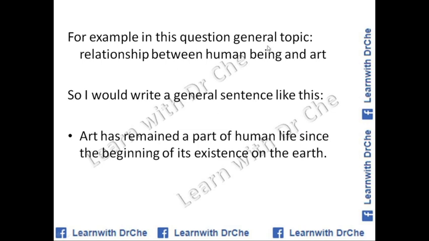So I would write a general sentence like this: art has remained a part of human life since the beginning of its existence on the earth. This is a general statement. You can use any other general statement that shows the relationship between human being and art.